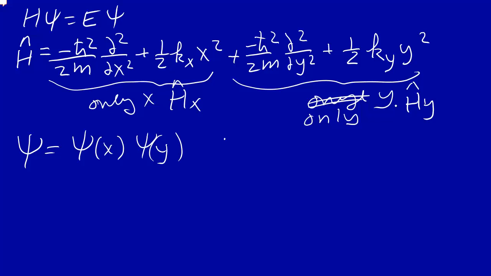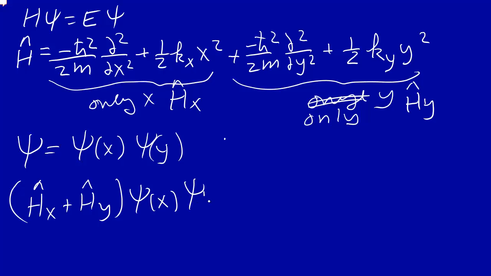So we can rewrite the Schrödinger equation as hx plus hy, having separated out x and y, operating on the product of wave functions, psi of x and psi of y. Again, the total wave function is the product of the two. Let's see what happens when we actually operate on this.